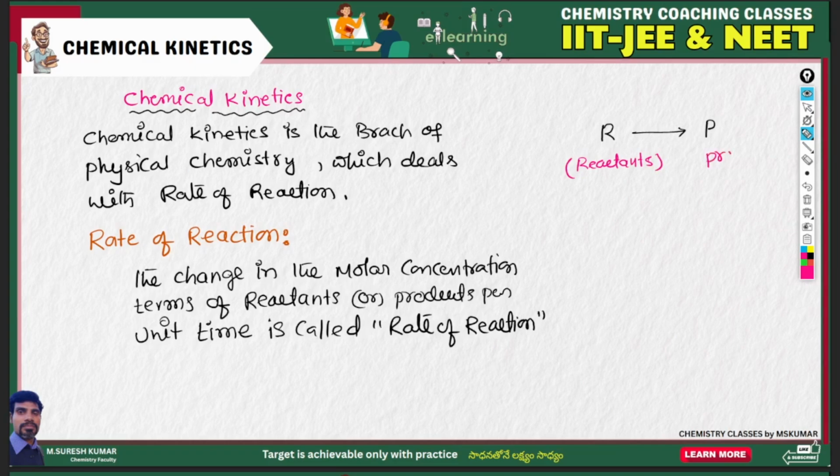The final new substance formed during the reaction is called products. The reactants are converted into products. The process is what we call a chemical reaction.